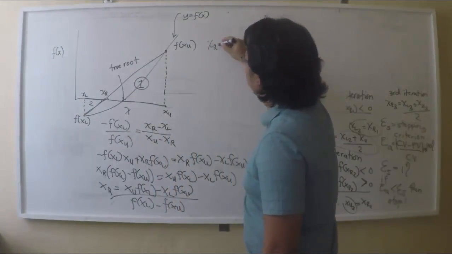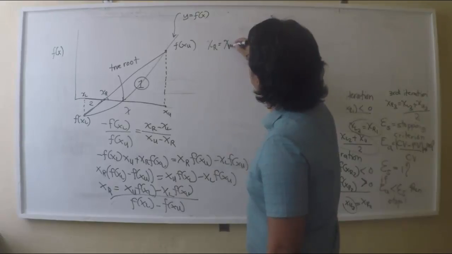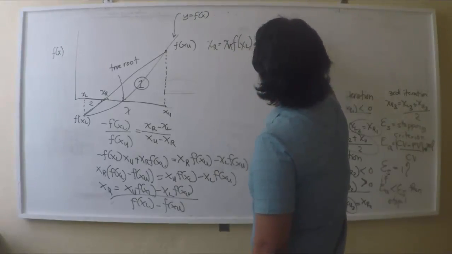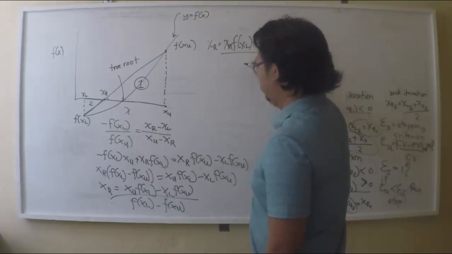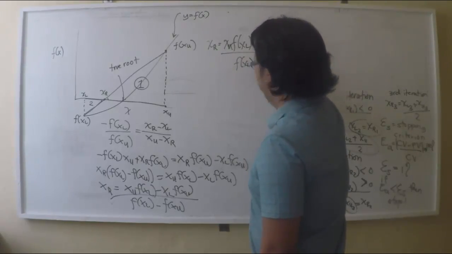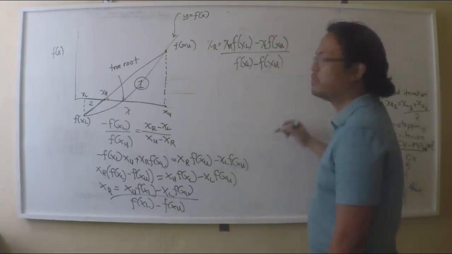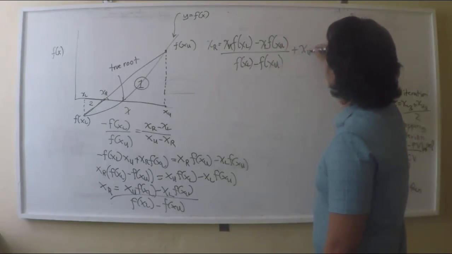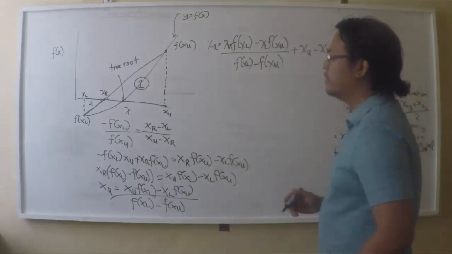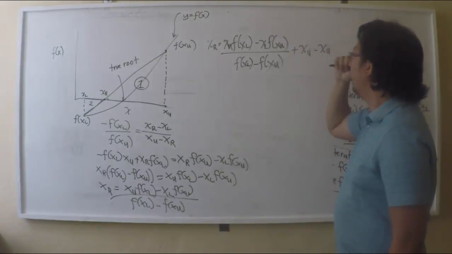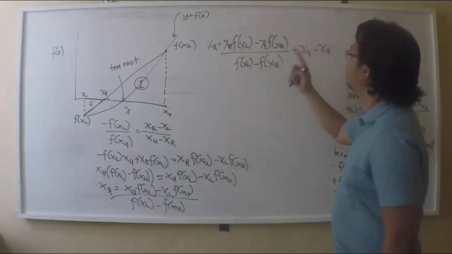xr, copy this one, xu f of xl minus xl f of xu over f of xl minus f of xu, and then what you will do here is add and subtract, plus xu minus xu. So the effect here will be somewhat the same. Then you combine these two, this one remains the same.